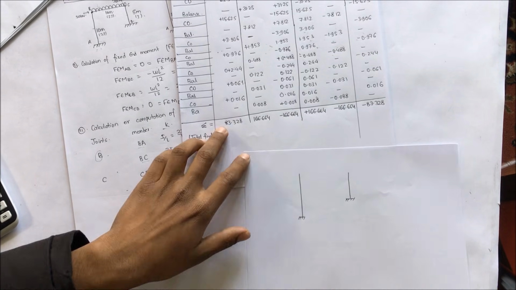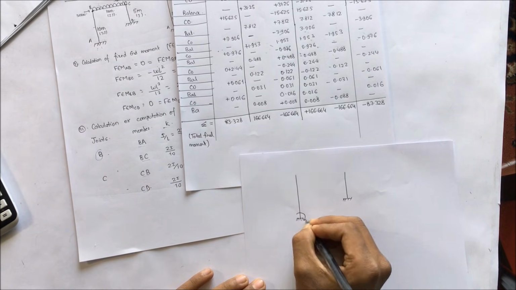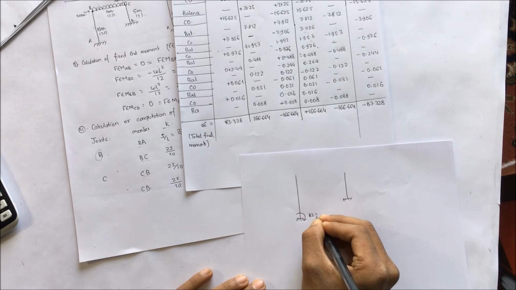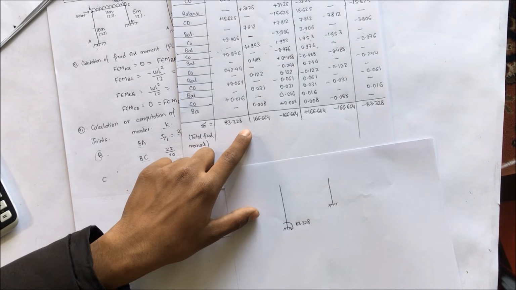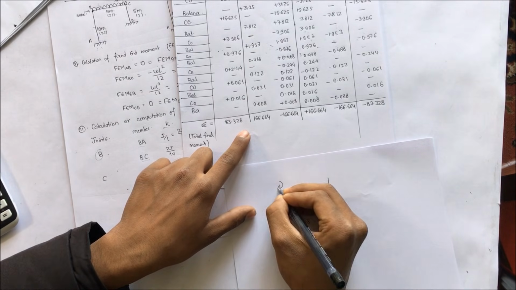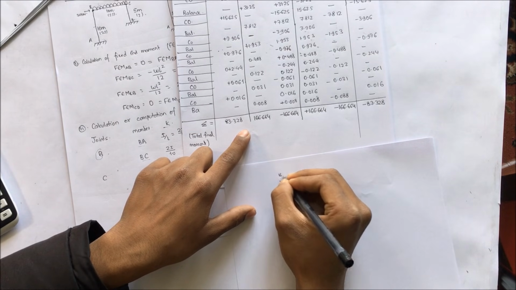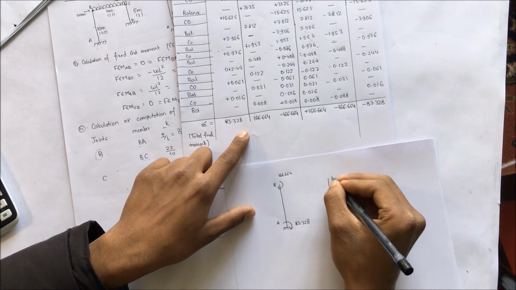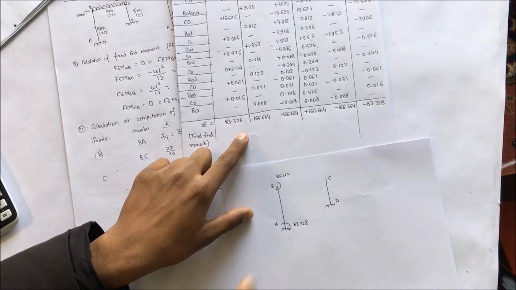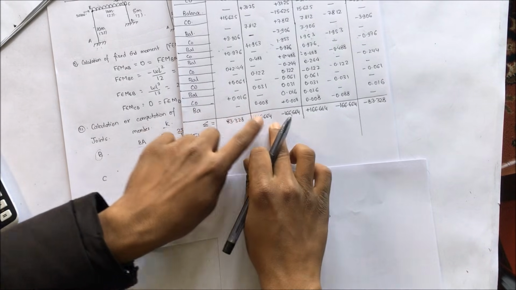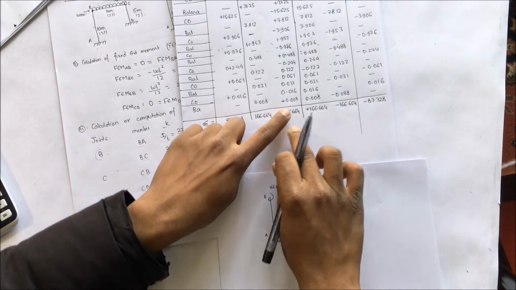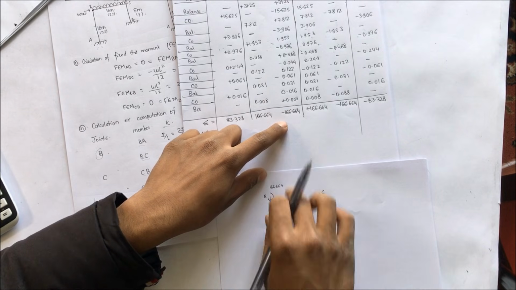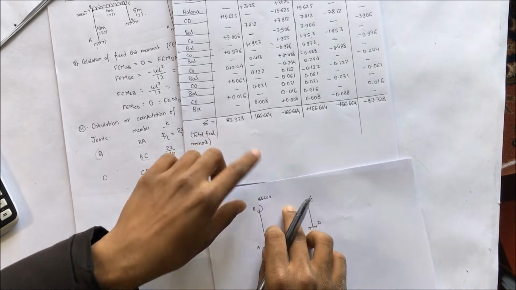Okay, so clockwise moment 83.328, clockwise moment 166.664. This is for AB, this is for BA, this is for BC. I didn't write for BC because we are not considering the beam over here, so I am considering only column.